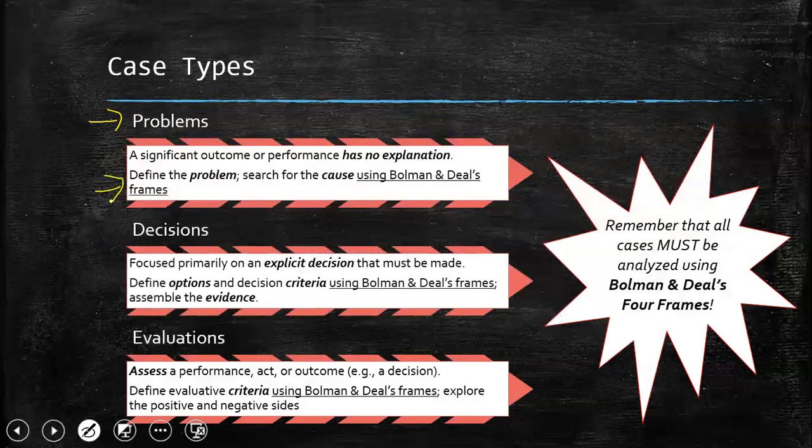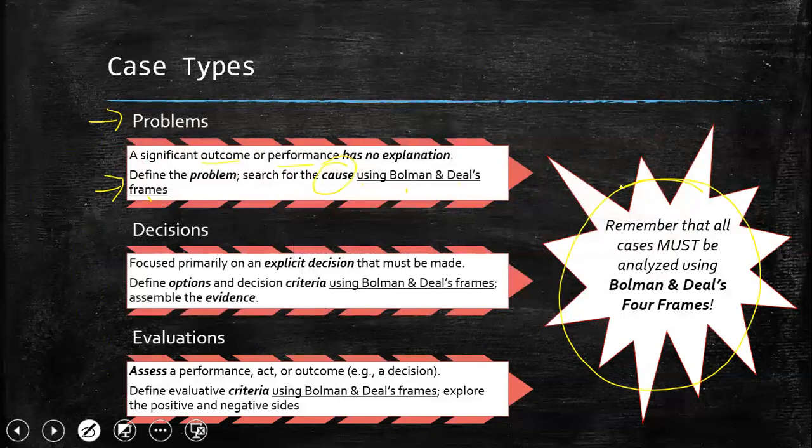You want to then define the problem and search for the cause. Remember, we're talking about factors that lead to a particular result or outcome or performance or whatever it is. Using Bolman and Deal's 4 frames, you will see over here that I have a reminder that all cases must be analyzed using Bolman and Deal's 4 frames. That should be your lenses right now.